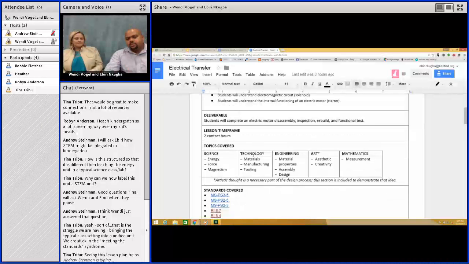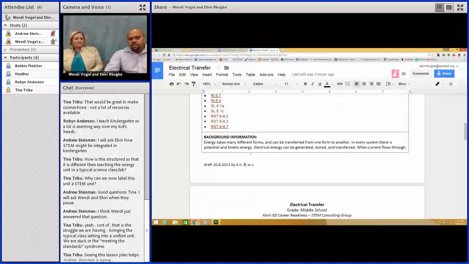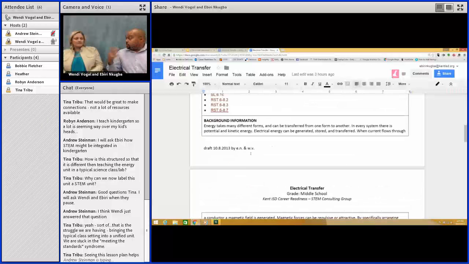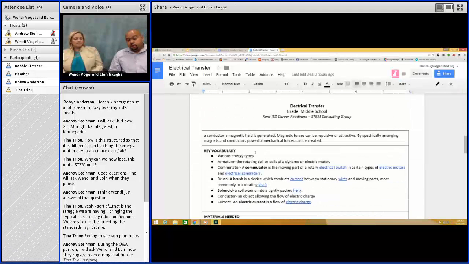Some of the topics that are covered, you can see the standards, but really I want to zoom in on, okay, so what do we do? So the background information, which Wendy laid out, is how this was embedded in the unit. Energy can take many different forms and can be transferred from one form to another, and electrical energy specifically can be generated, stored, and transferred. When there's a current flowing through a wire, there's a magnetic field generated.